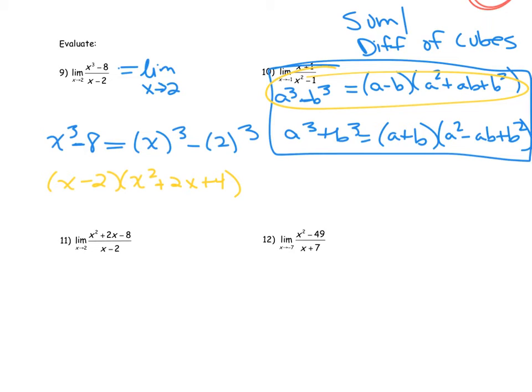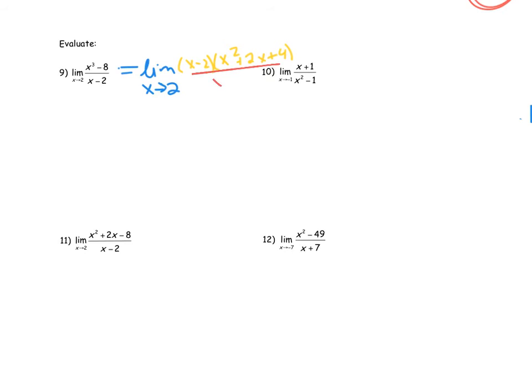We'll have x minus 2 times x squared plus 2x plus 4. So now I'm just going to clean this up and let's evaluate this limit. All right, and this is all getting divided by that x minus 2. Notice that these will cancel. So we're going to rewrite. We have the limit as x approaches 2 of x squared plus 2x plus 4.